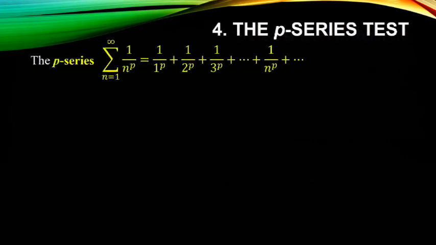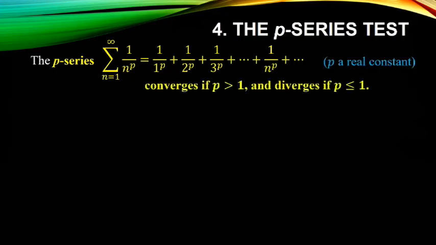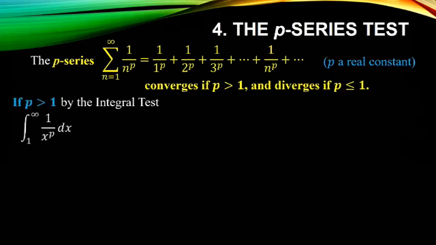So number 4, the p-series test. The p-series is in the form summation of 1 over n raised to p, where n starts from 1 to infinity, and p is a real constant. It converges if p is greater than 1 and diverges if p is less than or equal to 1. So if p is greater than 1, by the integral test, the integral of 1 over x raised to p dx from 1 to infinity is equal to the integral of x raised to negative p dx.